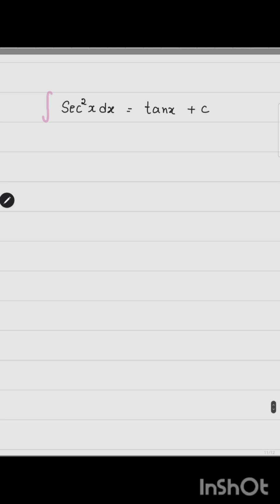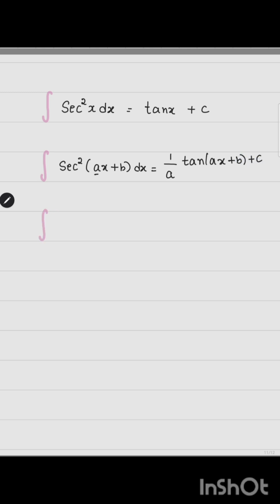Now we can take down 3 important formulas. The integral of secant square x dx is tan x plus c. The integral of secant square of the linear function (ax plus b) dx is equal to 1 divided by the coefficient, 1 by a, into tan of (ax plus b) plus c.